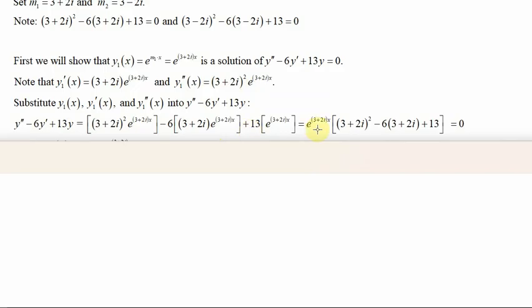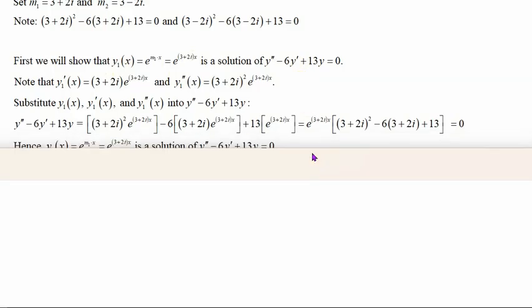Then we can see that the common factor is e to the 3 plus 2i x, and the remaining expression here is equal to 0. Therefore the function y1 equal to e to the 3 plus 2i x is a solution of this linear homogeneous differential equation.